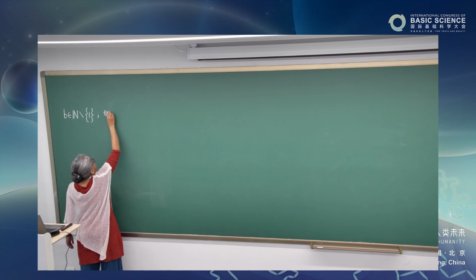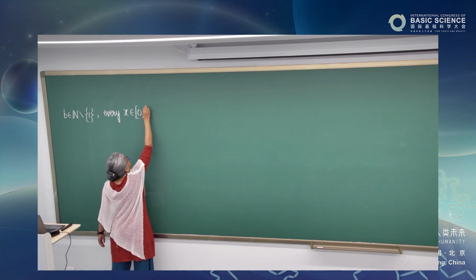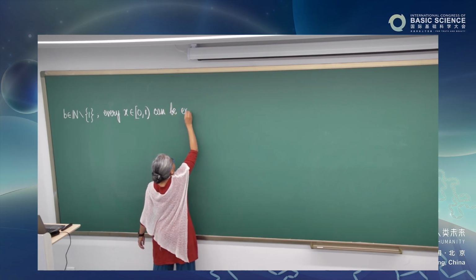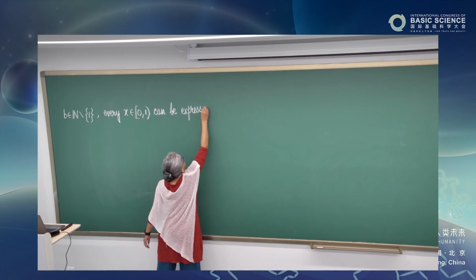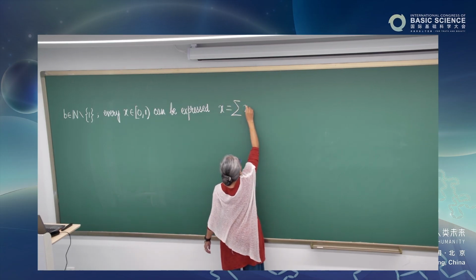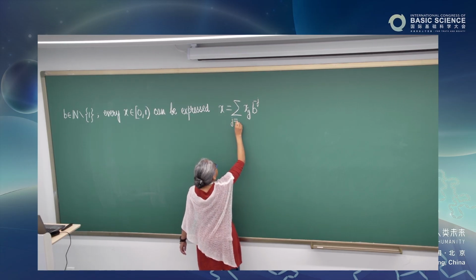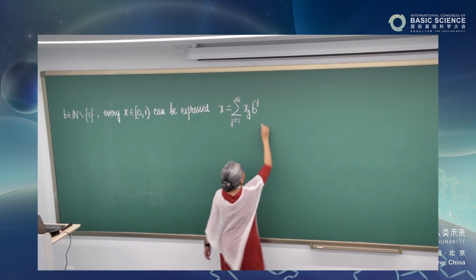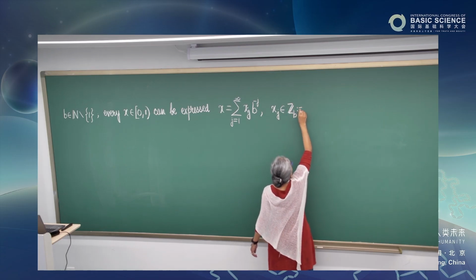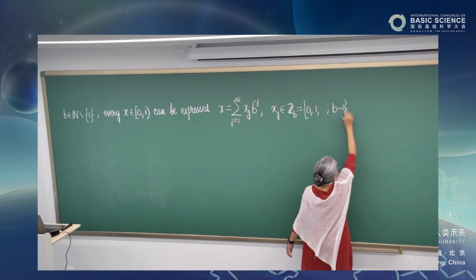We know that every number x in 0 to 1, and indeed on the real line, can be written in the form x equals the summation of x_j b to the negative j, where j goes from 1 to infinity, where these x_j's belong to the set of integers from 0 to b minus 1.